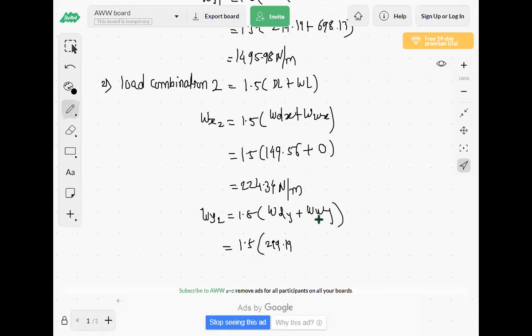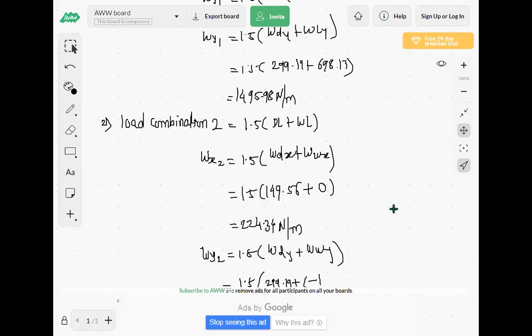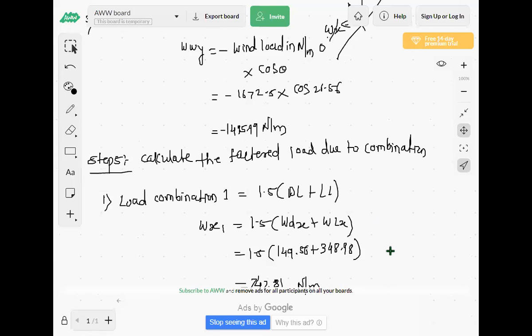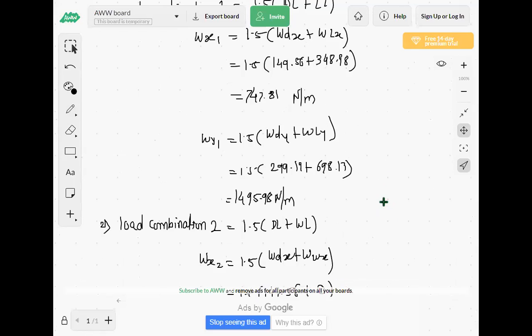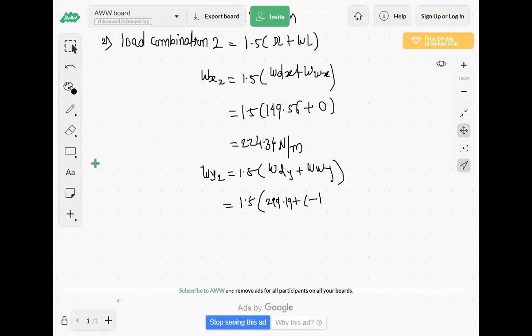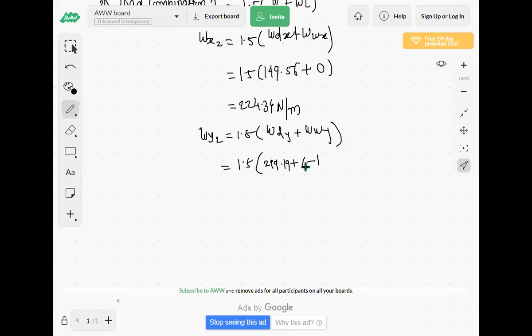Now here the wdy value is negative, and how much is the wwy value? wwy value is 1495.99. So how much is this value in Newton per meter?